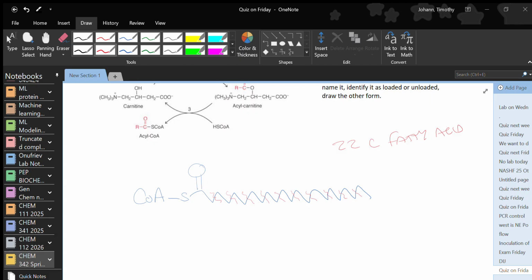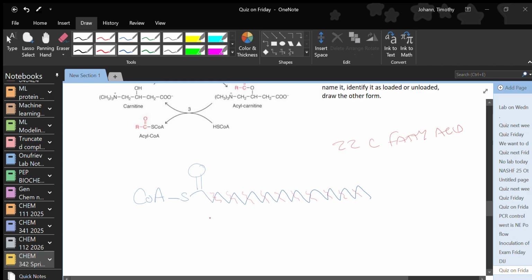So it's 1 less in terms of cuts. If I got a string and I'm cutting it up into 3 pieces, I cut it twice. Does that make sense? Okay, so each of these cuts represents a round of beta oxidation.